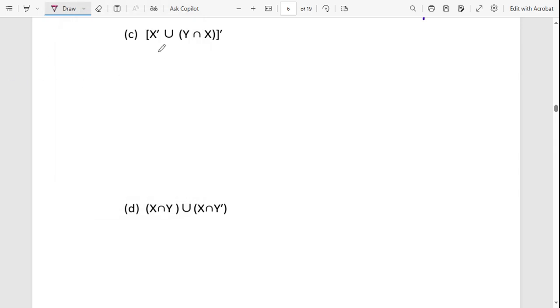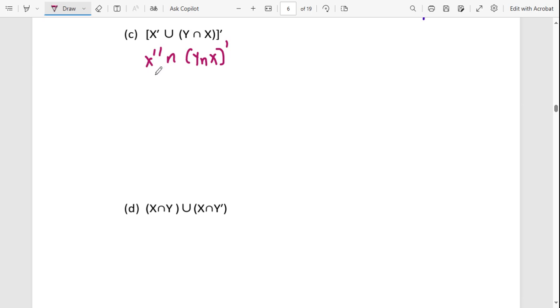So we have got x complement union y intersection x complement. Distribute the complement that is on the outside. We are going to have x complement with another complement. The union will change into an intersection. And then we have got y intersection x, it will carry a complement.